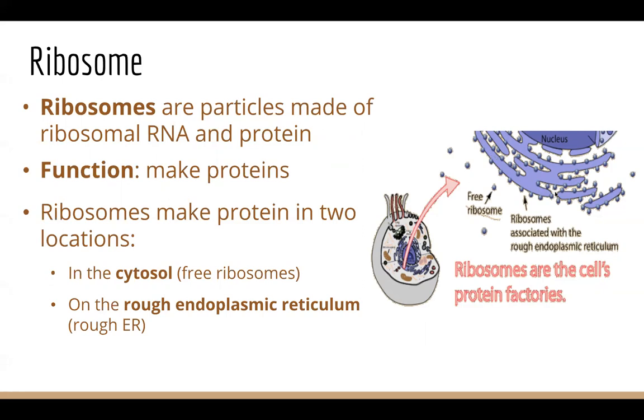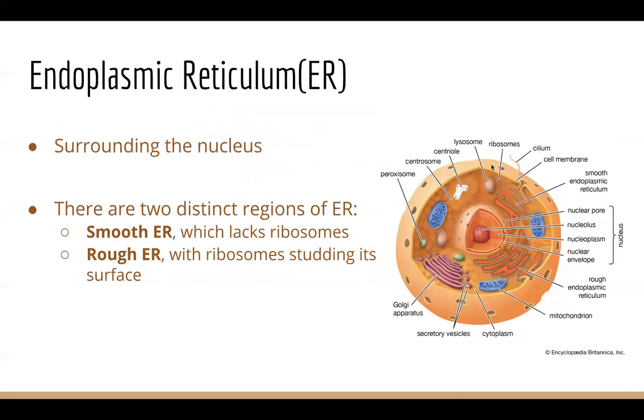Here's a picture of how ribosomes are bound on rough ERs. The purple little coils and folds are the rough ER, and we see those little circles attached onto the rough ER, and these are ribosomes.